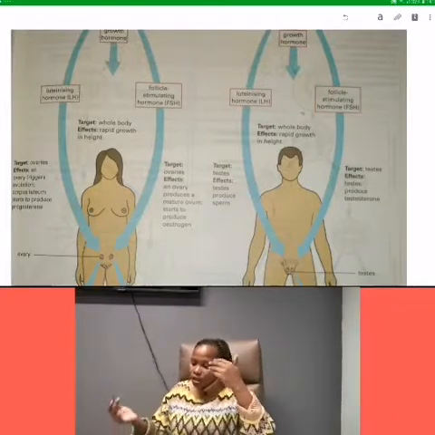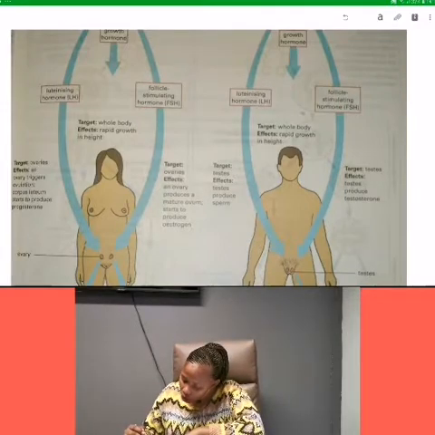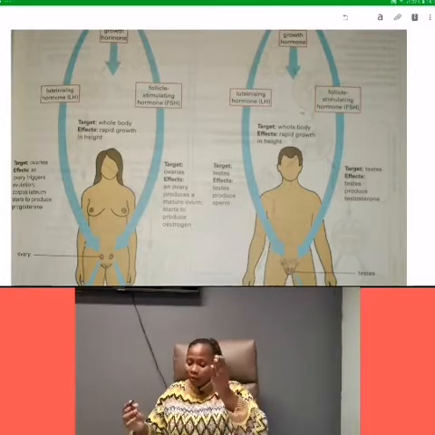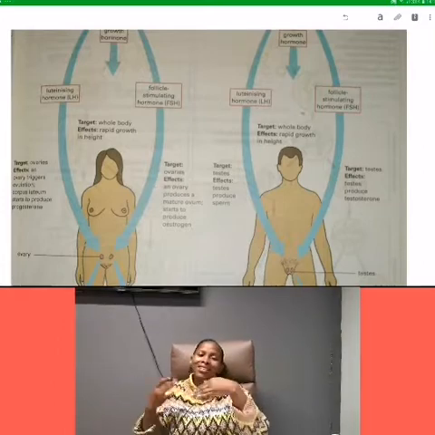And then we have follicle stimulating hormone, which is FSH. Now FSH also targets the testicles. Now the testis produces testosterone. So the function of FSH is to produce testosterone in the testes.